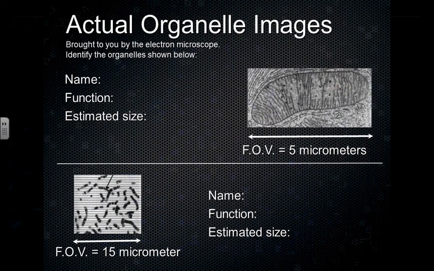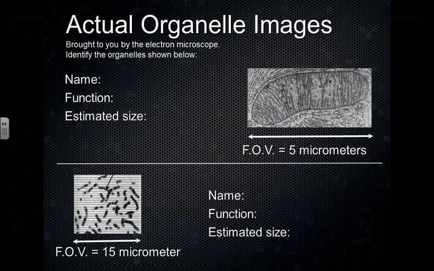We sort of simplify it so that we can understand it a little better. So what I'm going to show you right now are some actual electron microscope images of a few different cell organelles, so you can see what they actually look like. And you'll see they resemble the things I told you about, but they're not perfect.